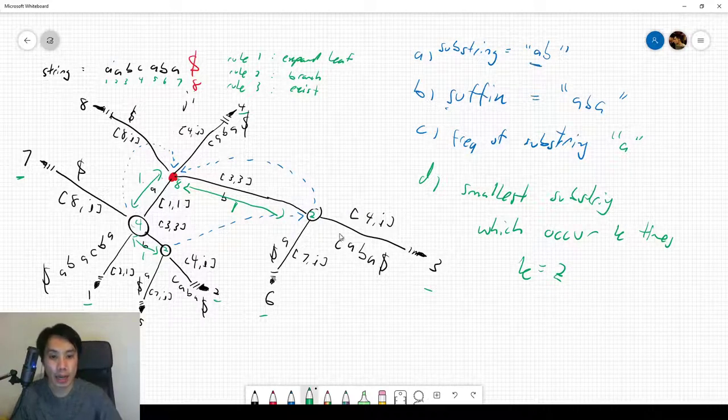And my length here will be 1. So here my distance will be 2. Here my length is 1. Here my length will be 4. So my total length is 1 plus 4, which is 5.